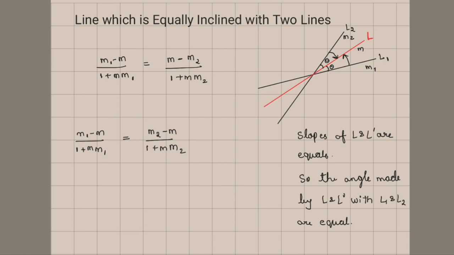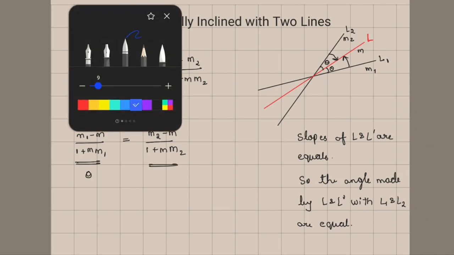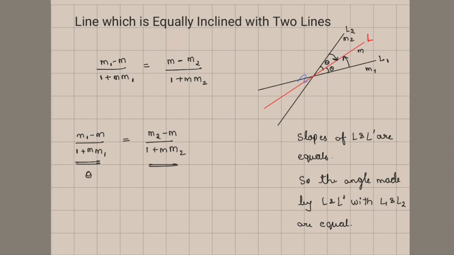If you do it this way, you will end up solving the wrong problem, because this is theta and this is the angle between L and L2 in this direction, which is 180 minus theta.